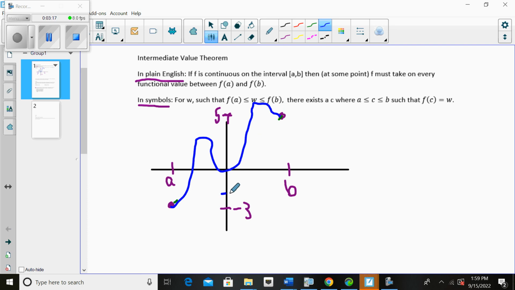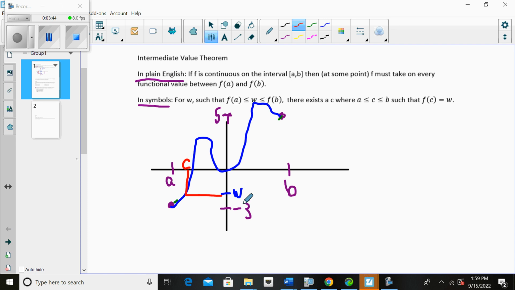Maybe I'll put it down here and then I'll go across and see that my W still lies between the -3 and the 5. There has to be a C, right? It happens right here. There could be more than one value that would output W, but there has to be a value of C such that the functional value of C is W.